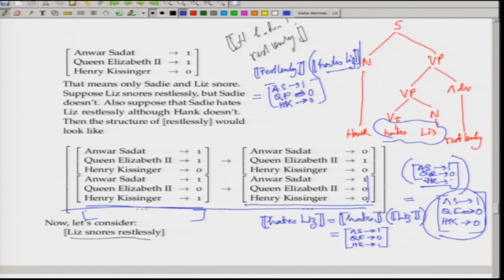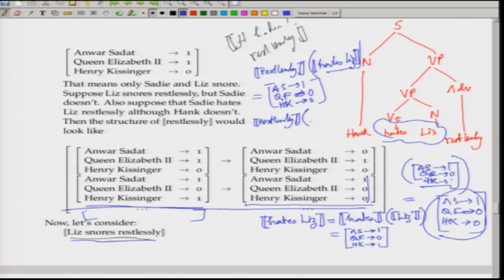This function, right? Now, what is my original sentence? Our original sentence was Hank hates Liz restlessly, right? So, then what is the truth value of this entire sentence? That will be this restlessly.